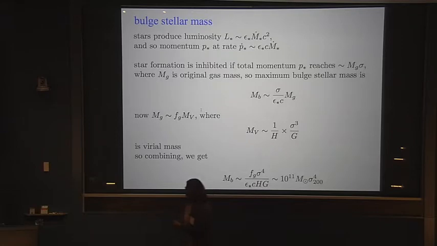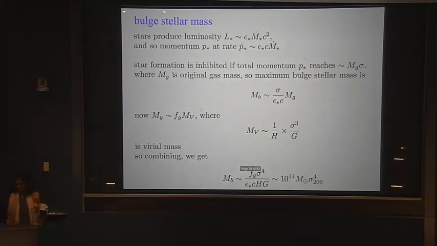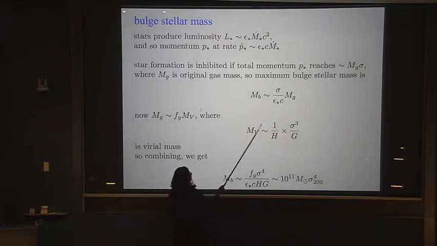And interestingly, one finds that you get a black hole mass over bulge mass that is about 10 to the minus 3. And this epsilon star is, globally averaged, some efficiency of conversion into stars, which is in the makeup of the bulge.